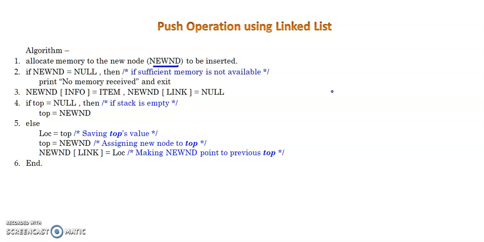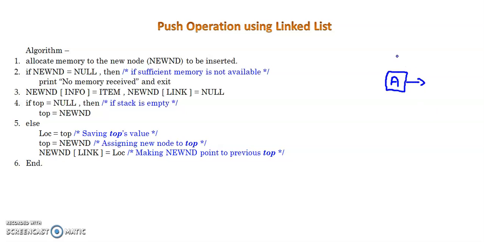Now in the case of a linked list, suppose there is right now one item here. This is the very first item, say it contains A, and it points towards null because no more items are here.